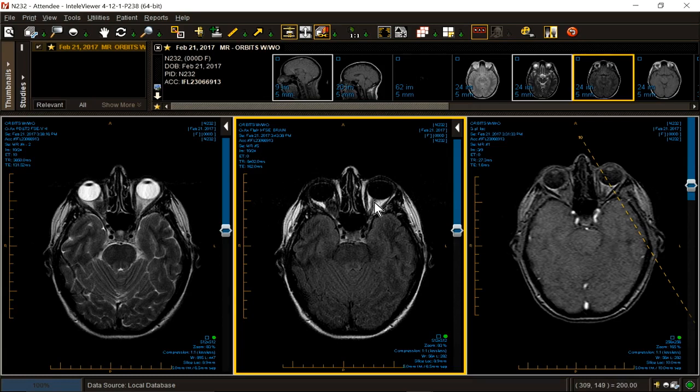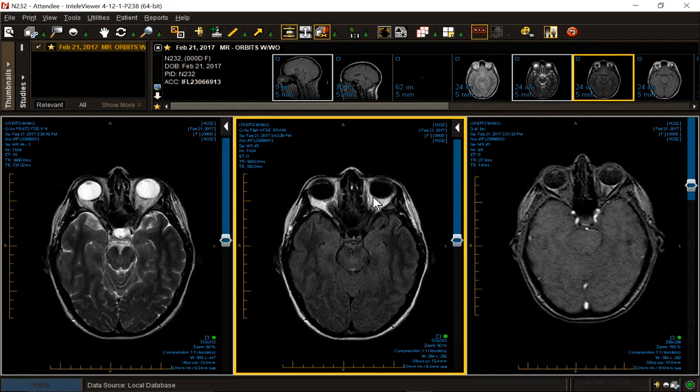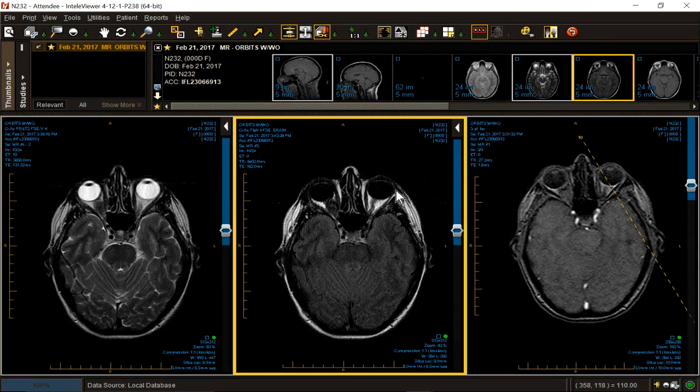And you can make that as a measurement. You're welcome to Google that and see what the ranges are. My preference is to simply look at how much of the globe sits in front of the interzygomatic line, and if it's 50% or greater, they usually have proptosis. But you're welcome to measure.